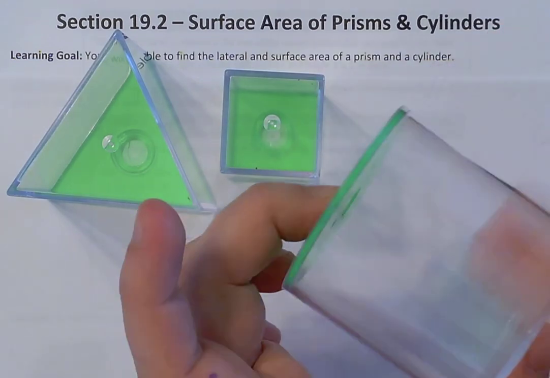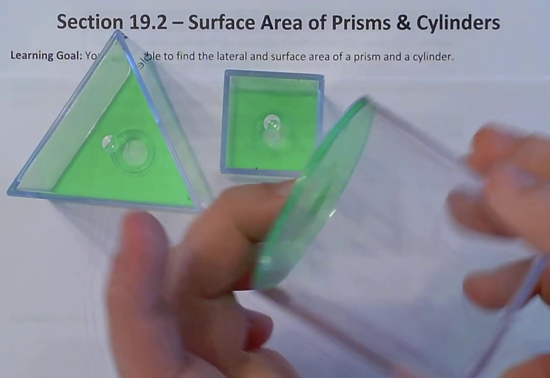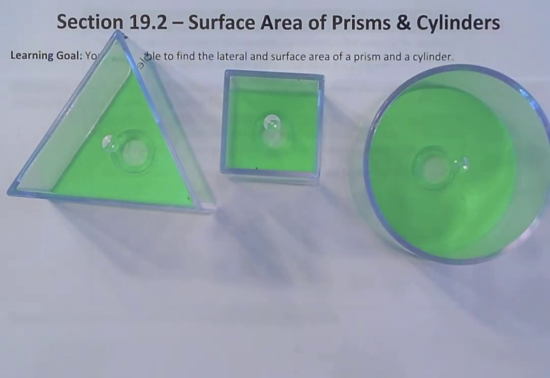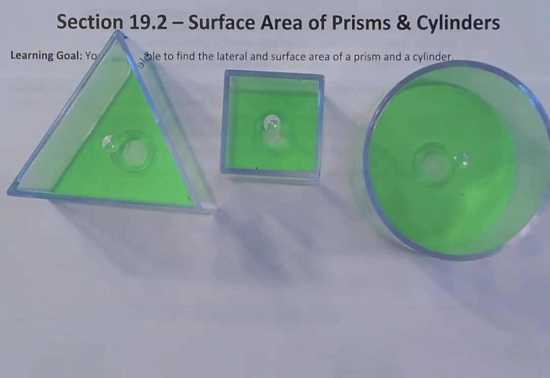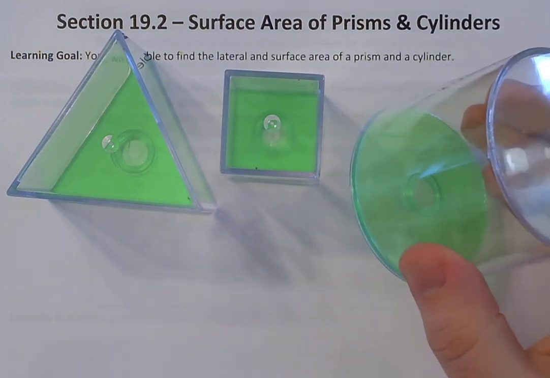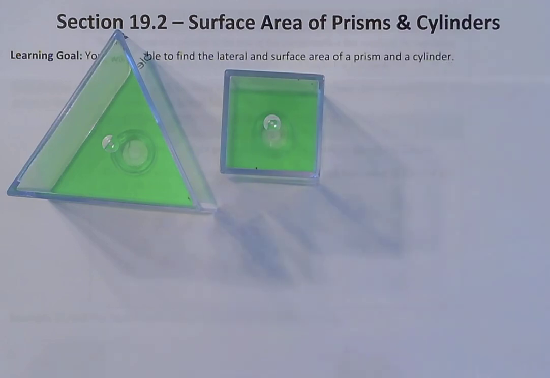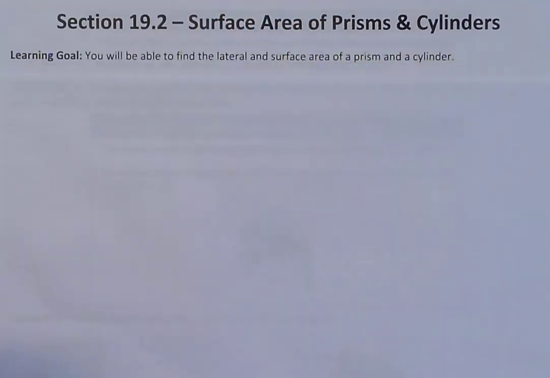Lateral area is going to be the rounded area around the cylinder, and surface area includes the area around and the top and bottom. So surface area is the entire area around the outside surface of your 3D shape. Lateral area is the area of the sides of your shape. That's what we're going to be taking a look at today.